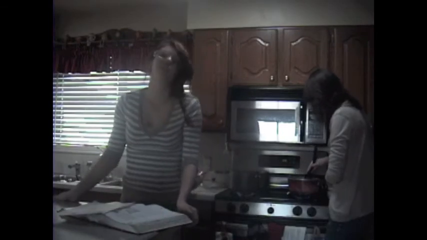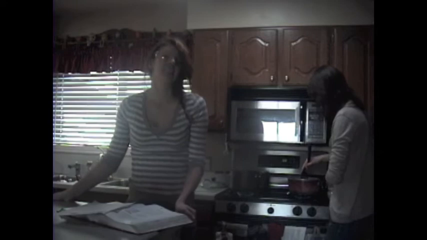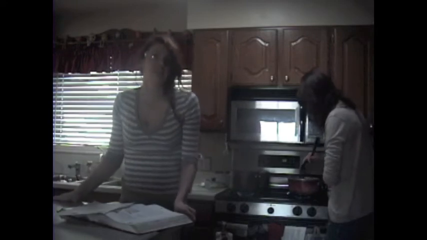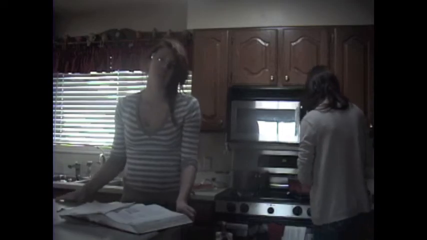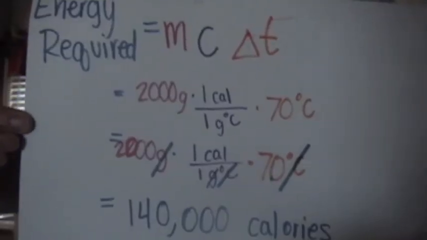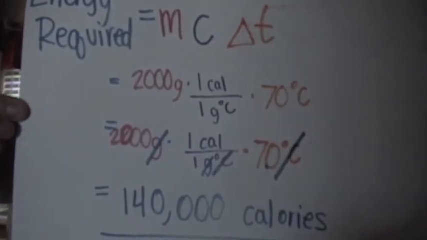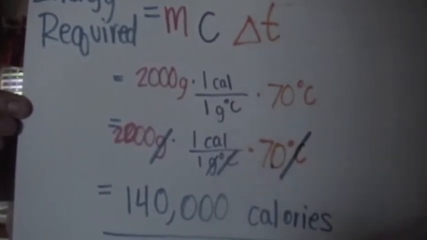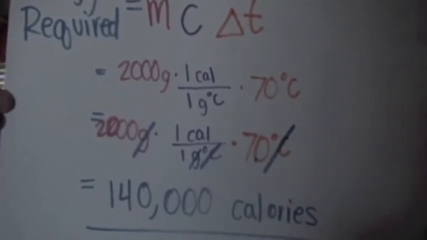To figure out how many calories were needed to boil our water for our tasty spaghetti, Professor Cranford, the math lead when she was in high school, will explain how you figured this out. So to determine how many calories are needed to boil the water, we use the equation mc delta T. M is the mass, which is 2,000 grams.